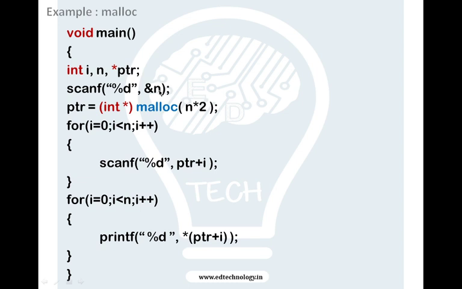Instead of using the values in here, I am actually asking the program to provide me runtime value of the number of elements here. So what I'm doing is I'm asking the number of elements in here, and because this is integer, I am multiplying the memory location by 2 and then allocating the memory.